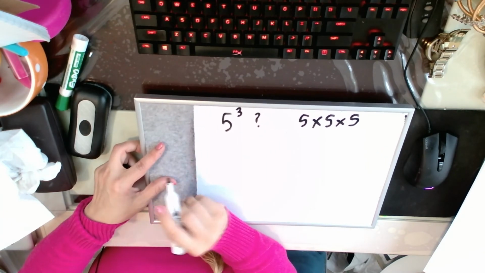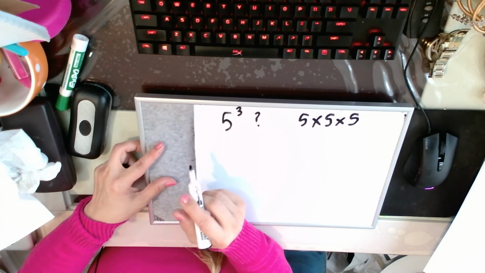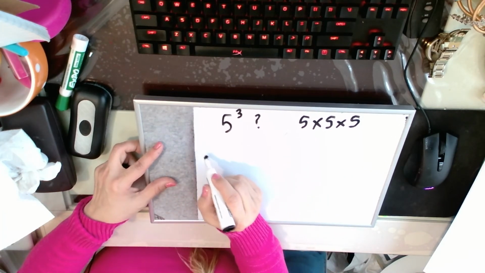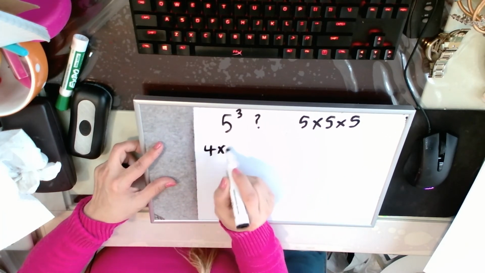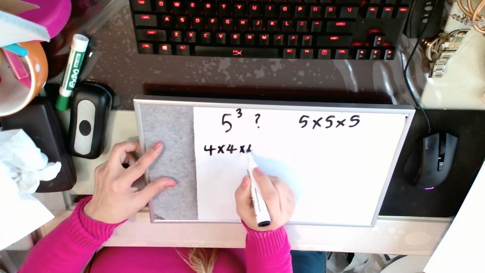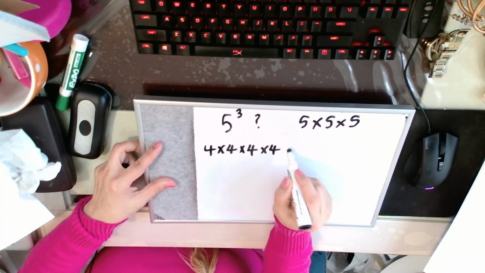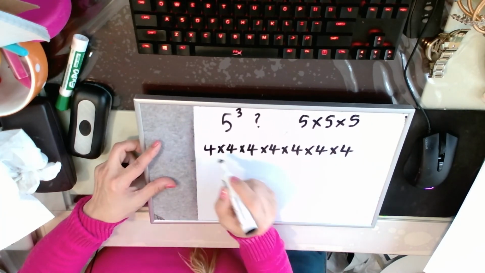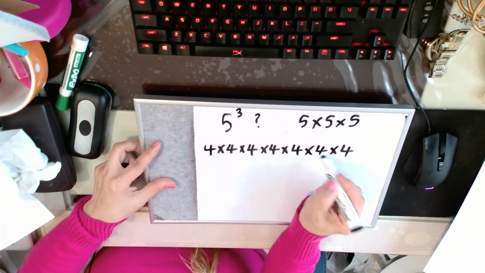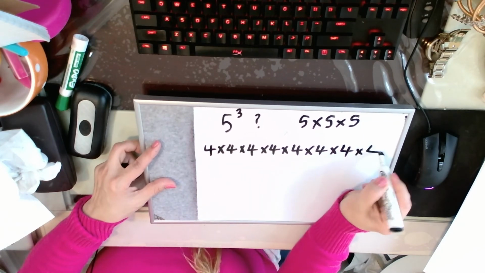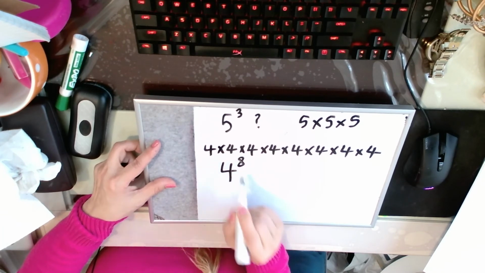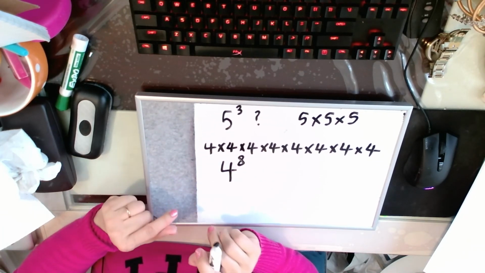Which is equivalent to, for example, if the question is 4 times 4 times 4 times 4 times 4 times 4 times 4 times 4, count: 1, 2, 3, 4, 5, 6, 7, 8. So you're gonna say just 4 to the power 8.